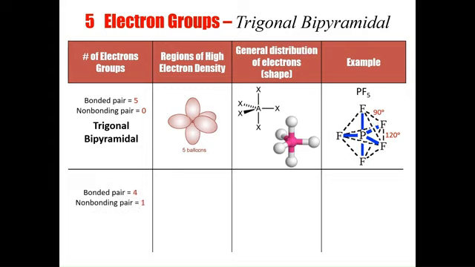The second possible shape has 4 of the 5 electron groups bonding to atoms and 1 non-bonding group. This causes the molecule to resemble a seesaw. This image shows how the electron groups arrange themselves into this very distinct orientation.